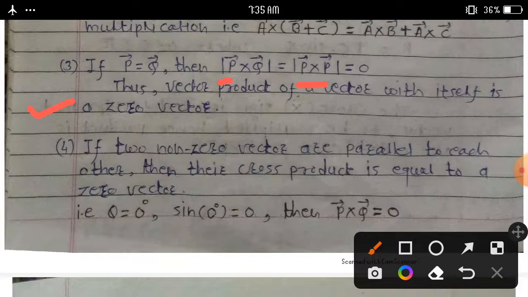Thus the vector product of a vector with itself is a zero vector. This is a very important characteristic of the vector product of two vectors. Vector product of a vector with itself is a zero vector.